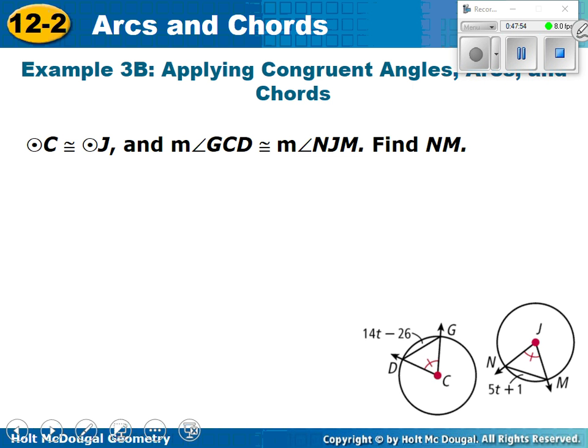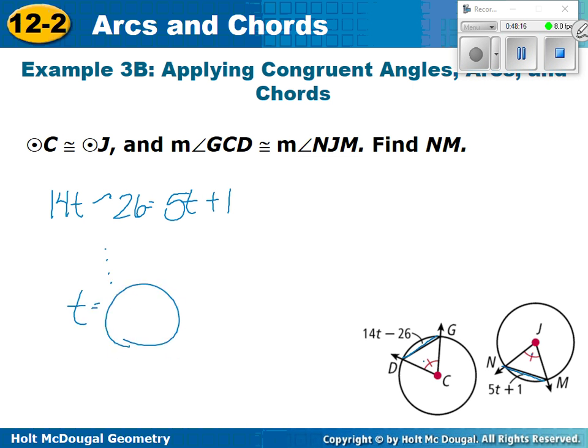Okay, if you have a question, I'll come around and go back to it if we have time. The next one, same theorem. If the angles are congruent, then what's it mean about these chords? They're congruent. So you should have set 14t minus 26 equals 5t plus 1. Please don't put your stuff away yet. If they're equal, you should have solved for t and then plugged that value into NM, which would have went here into 5t plus 1.